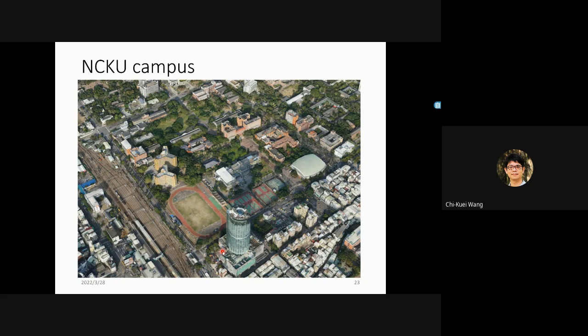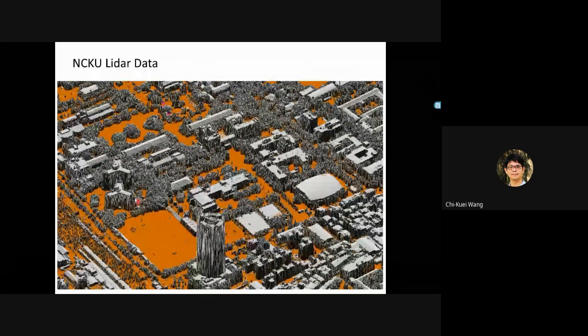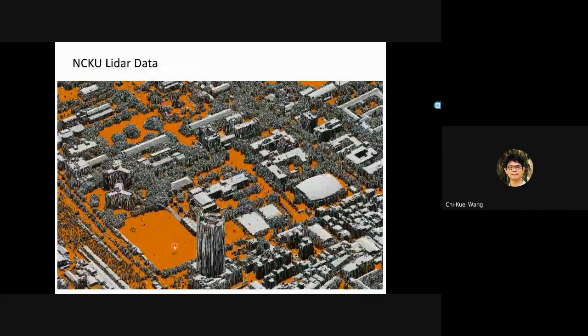So you can see this fancy hotel and the department store and this strange shaped building and the stadium. You can recognize those here. But this field and track, this tennis court or baseball court, you cannot recognize.